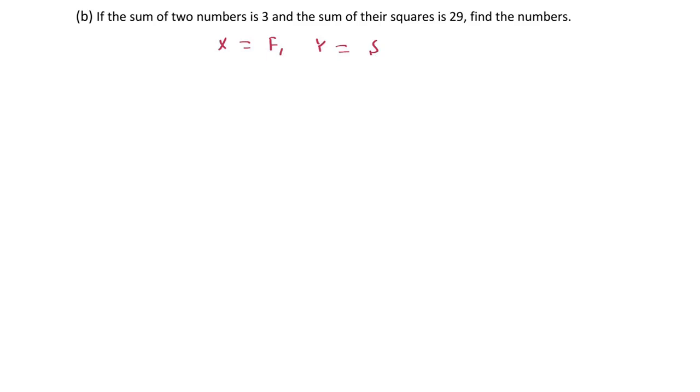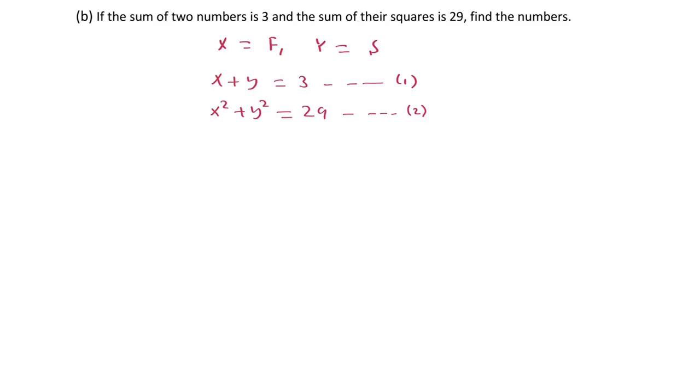Then we are going to have x plus y equals 3, and we are going to call this equation number 1. And then we are going to have also x squared plus y squared equals 29. And we are going to call this equation number 2.